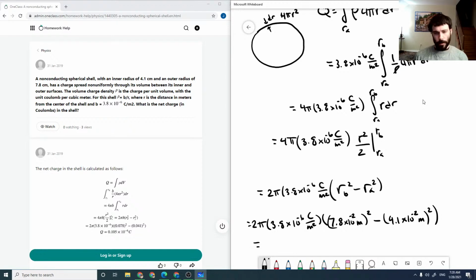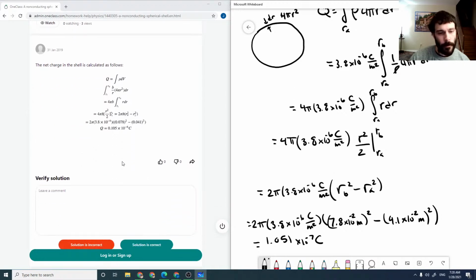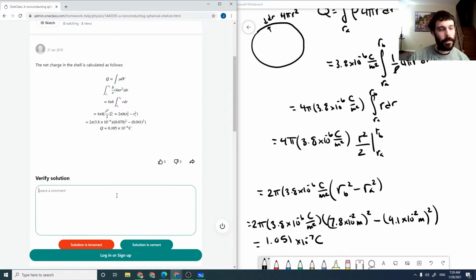This comes to 1.051 times 10 to the minus 7 coulombs. So that's our net charge in our shell. Checking the solution here, doing the integrals, it comes out to 0.105 times 10 to the minus 6, or 1.05 times 10 to the minus 7. So it looks good.